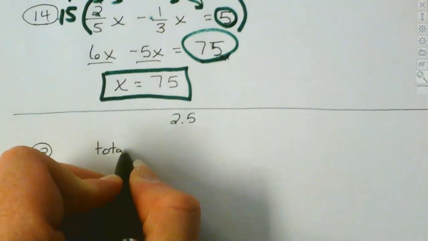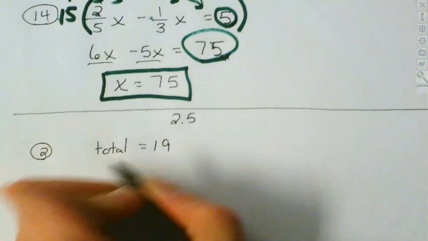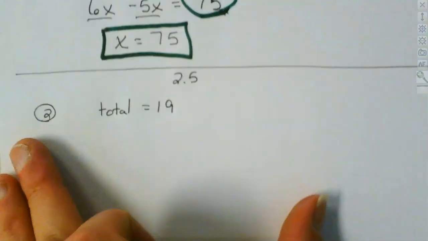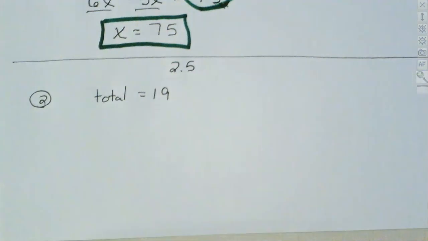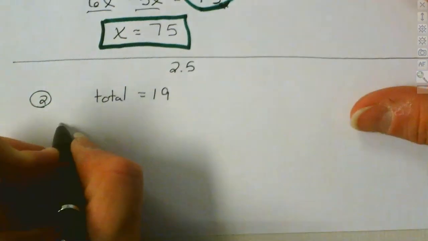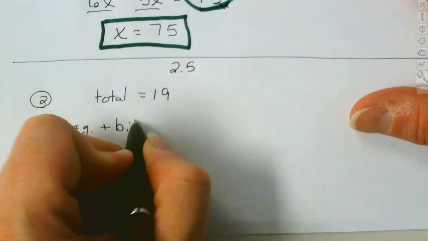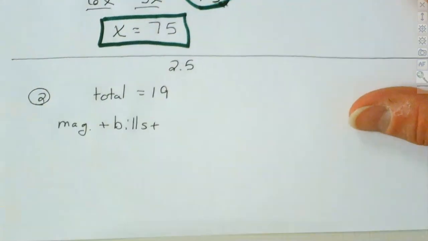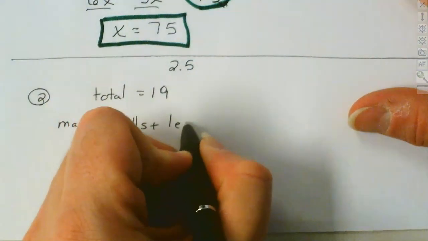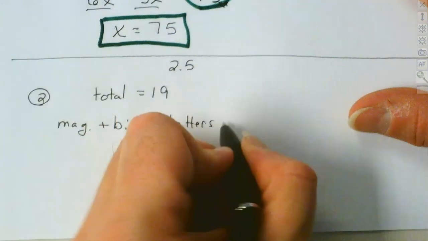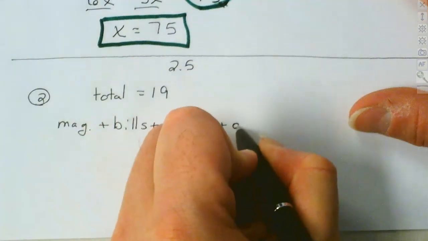Now, what are we working with? We've got 4 different types of mail. We have magazines. We've got bills. We've got letters. And we've got ads.